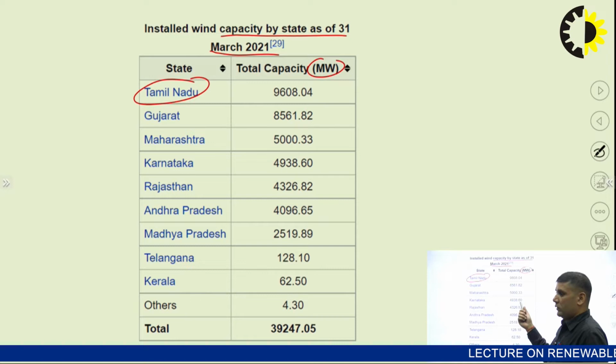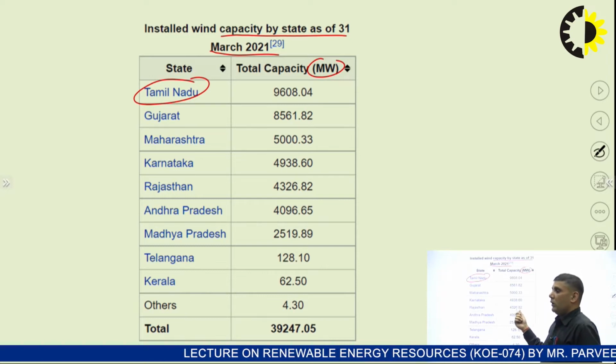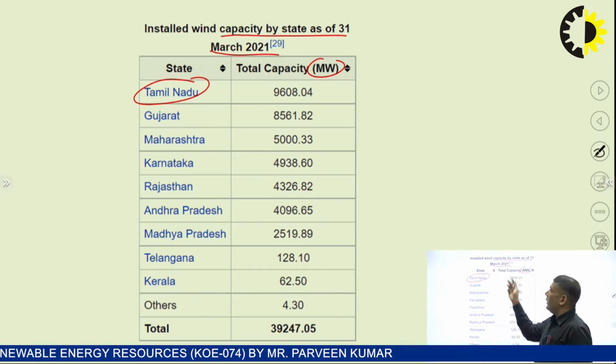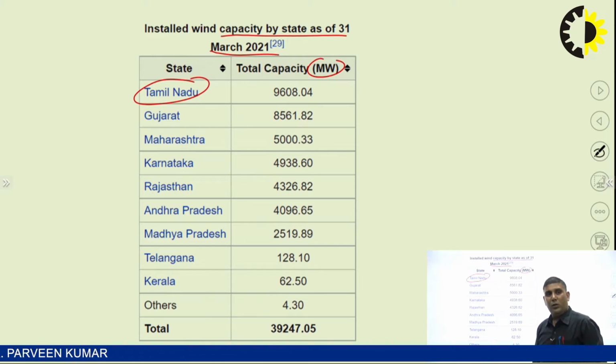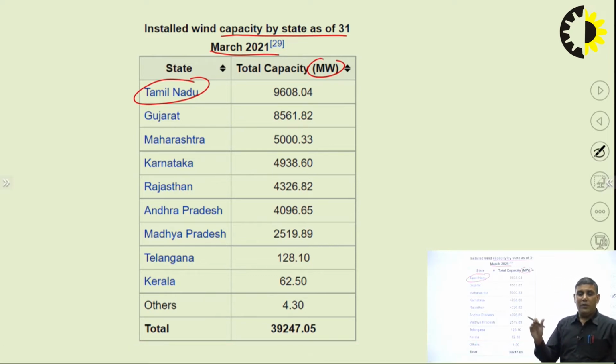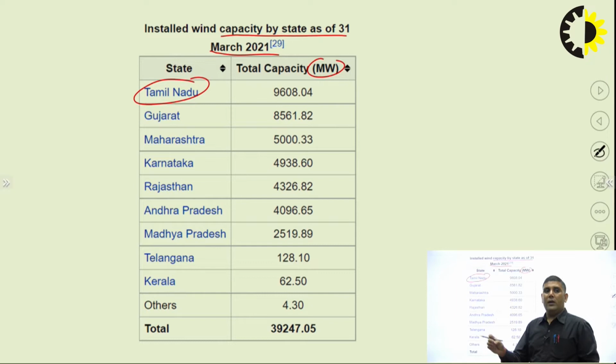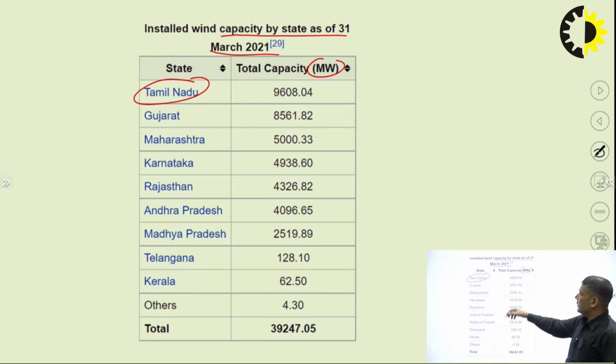We will see this in the site selection criteria also. For a wind energy system to be successful, the area must be plain and the wind speed should be high, and it is preferably located near the coastal areas. Then the efficiency should be high. Obviously there are some drawbacks also, like how to transport the energy. Transport cost is also high. But Tamil Nadu is the leader, followed by Gujarat and Maharashtra, as far as wind energy capacity is concerned.